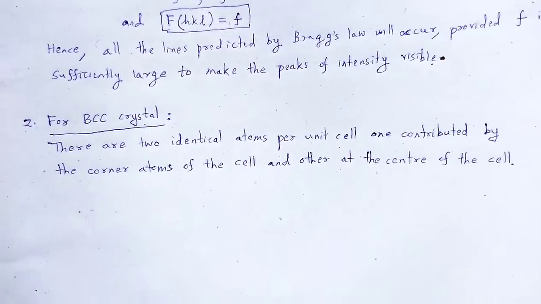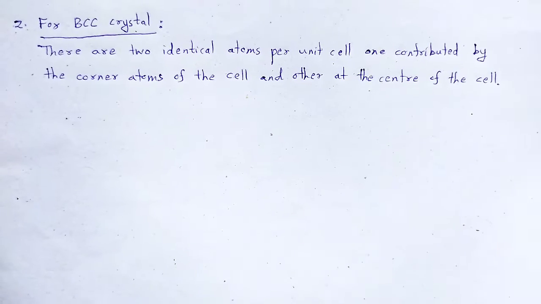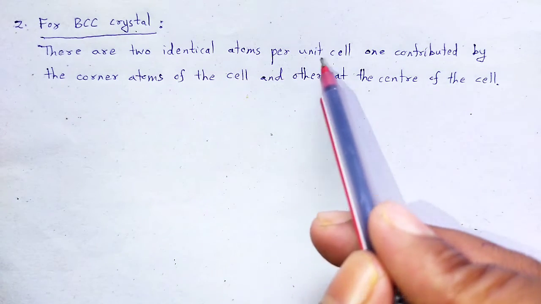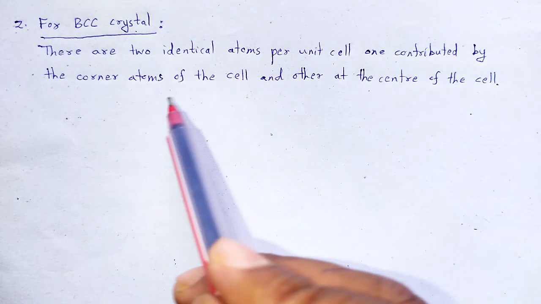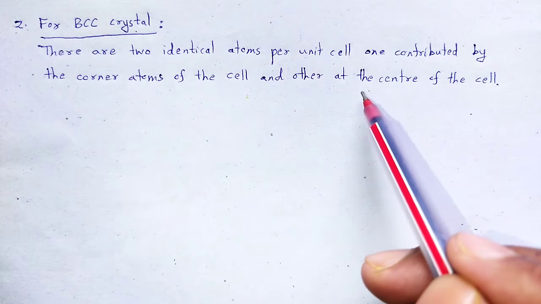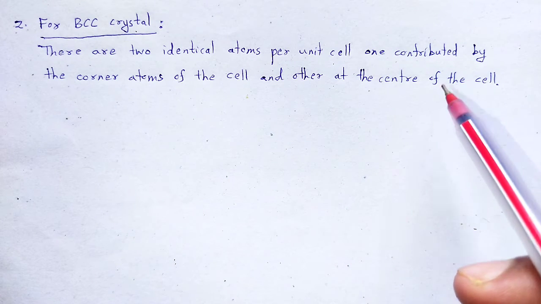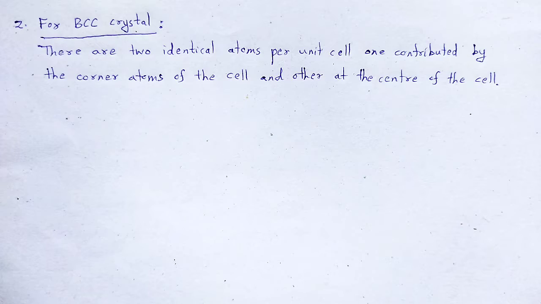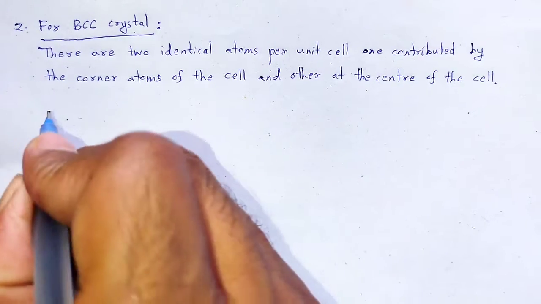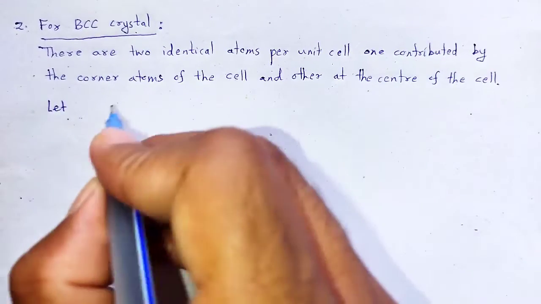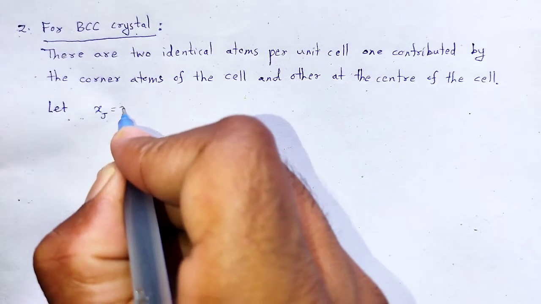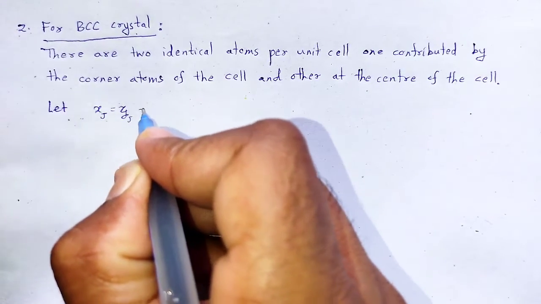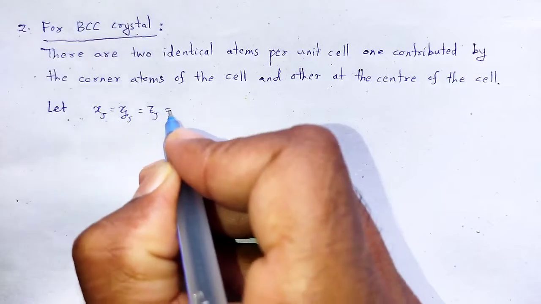Next, for BCC crystal, there are two identical atoms per unit cell. One is contributed by the corner atoms of the cell and the other is at the center of the cell. For the corner atom, the coordinates xj, yj and zj are equal to 0.